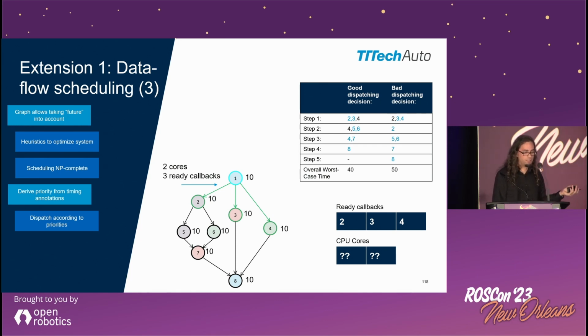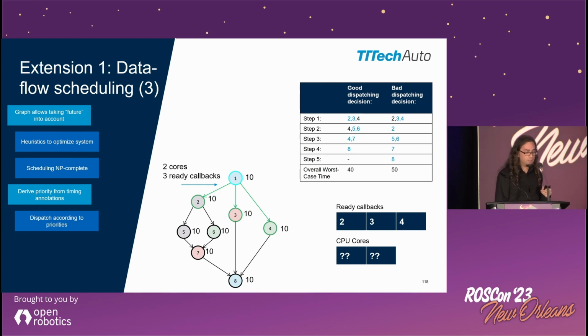Why? Because in step 2, when callbacks 3 and 4 also finished, there's only one ready callback in the system that can be executed, and that's this callback 2. This means we will have 1 core that is not used at all because there's nothing to run, and therefore the overall processing time will be longer.